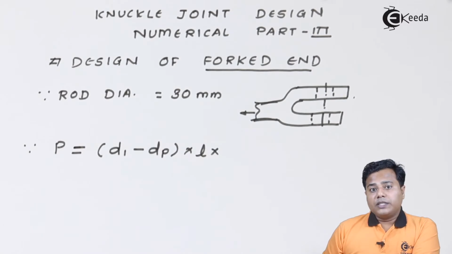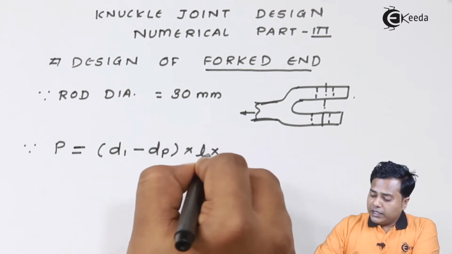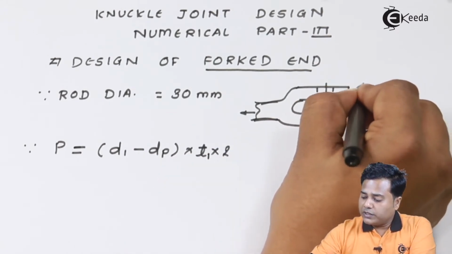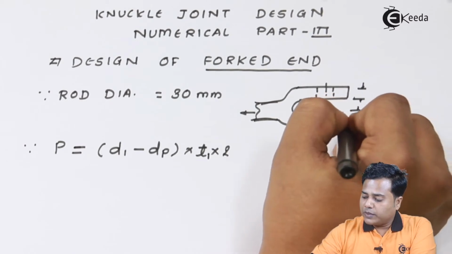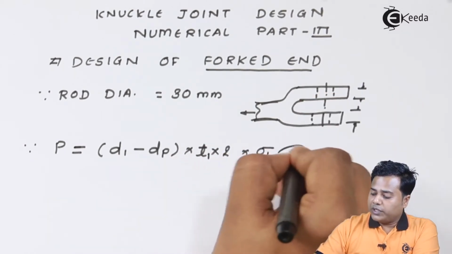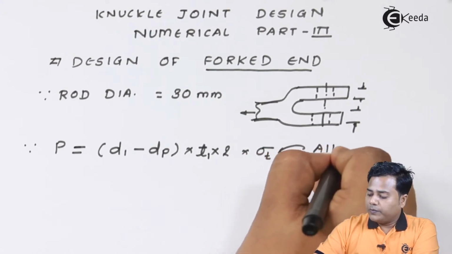This time we are going to consider the thickness instead of length. So the thickness is t1, which is twice because there are two thicknesses we need to consider, this one and this one, and then the tensile stress, and make sure that this is the allowable value.